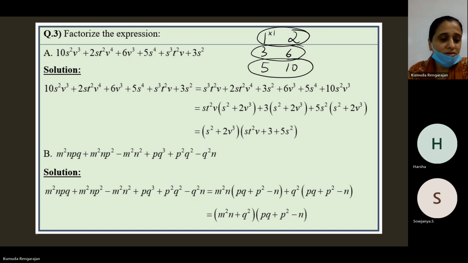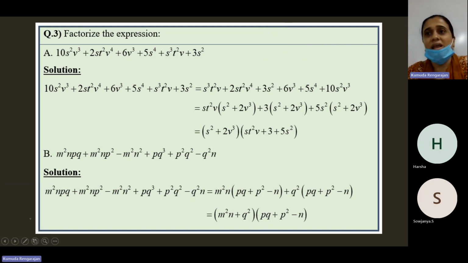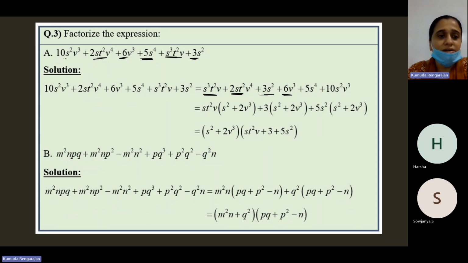All right. So always take the help of the coefficients to get some idea as to how to arrange or group the terms. Okay, so you can see here, I've written this one first, coefficient 1, and this one, coefficient 2. The numerical coefficient I'm talking about. And then coefficient 3, coefficient 6. Then 5 and 10. All right?